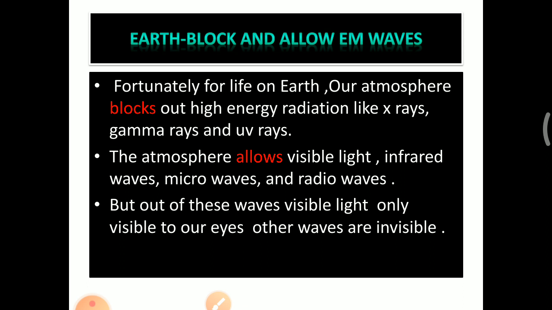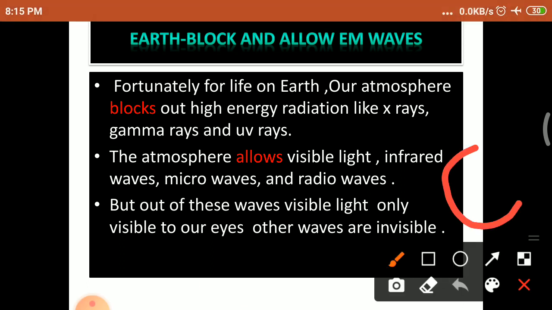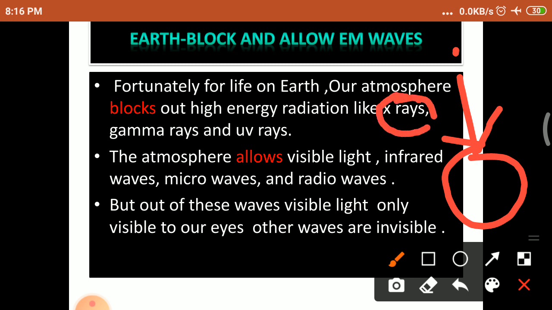So the Earth blocks and allows EM waves. Fortunately for life on Earth, our atmosphere blocks out high energy radiation like X ray, gamma ray, and UV ray. So when the electromagnetic wave enters the Earth atmosphere, our Earth atmosphere blocks the high energy X ray, gamma ray, and UV ray.